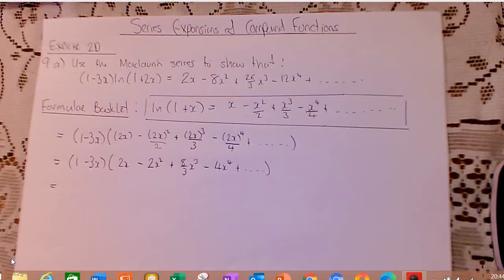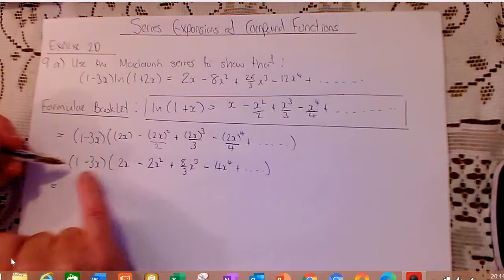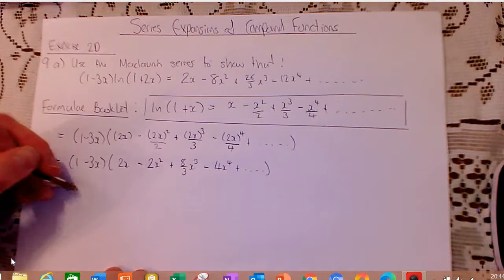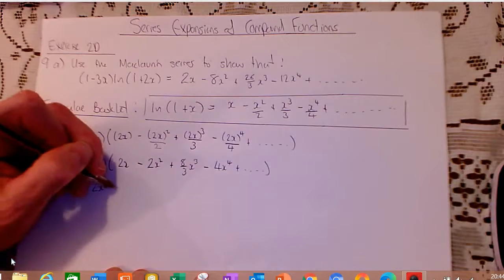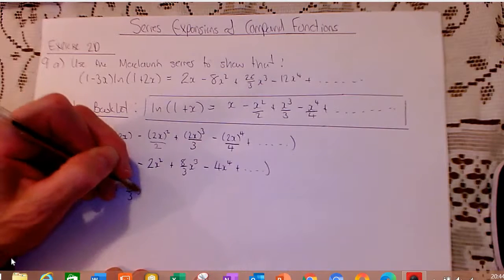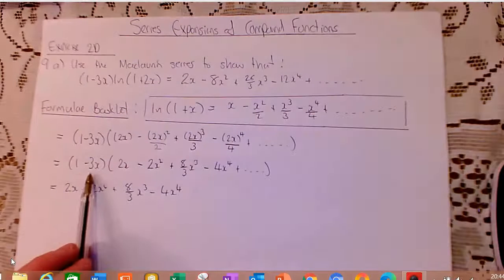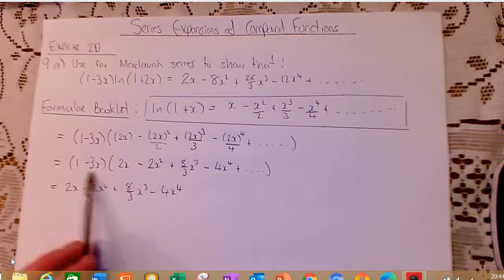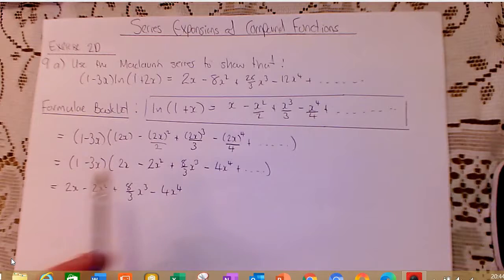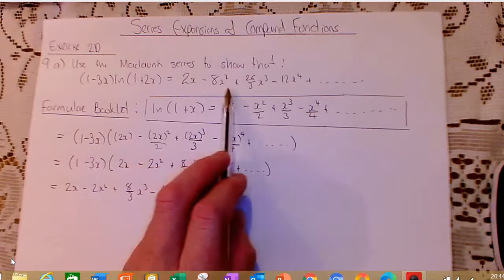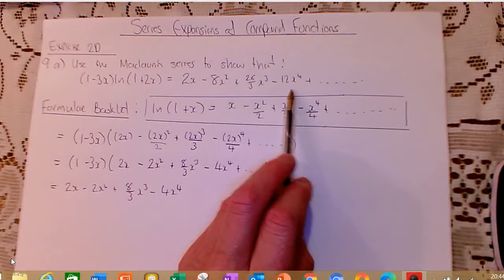So I think I was saying in my notes in Google Classroom, sometimes they get messier before they neaten up again. So I'm just going to do 1 lot of this, which of course is 2x, take 2x squared, add 8/3 x cubed, take 4x to the 4, and then I'm going to times all of that again by minus 3x. Bearing in mind I only need to go up to x to the 4.